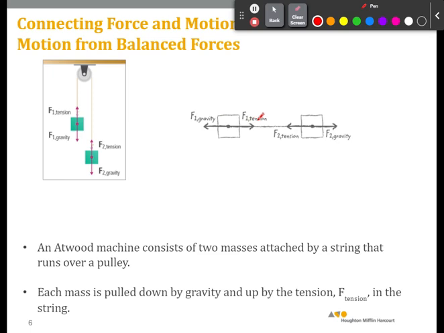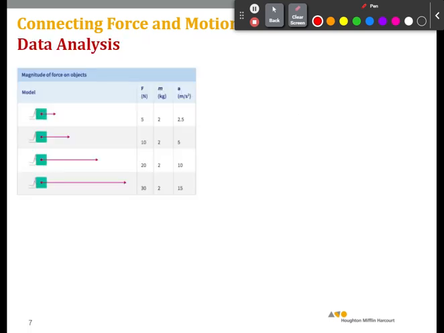So the string is exerting this force of tension on the mass. Gravity is pulling the mass down, and you can see that tension and gravity act in opposite directions. If you have the Atwood machine set up in a way that the blocks do not accelerate, then the force of gravity and the force of tension are going to be equal to each other on both blocks.